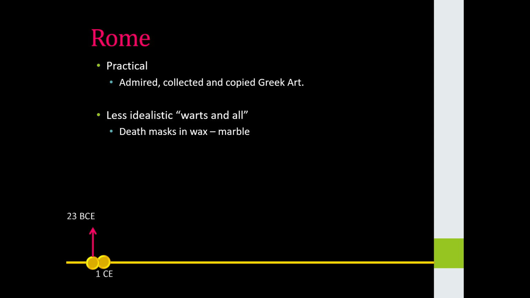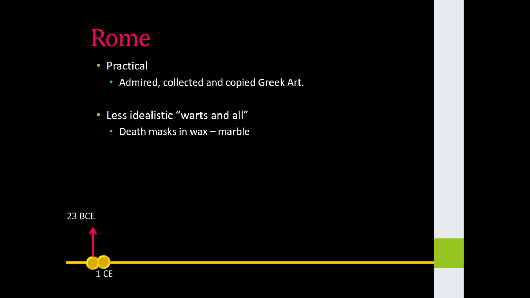Now, when it came to Roman art, right, they were not into idealism. They were not into hiding the truth through any kinds of idealization. They were interested in this concept of power, and power came from history.